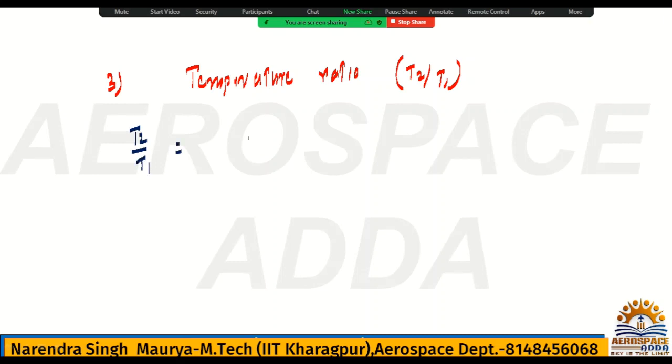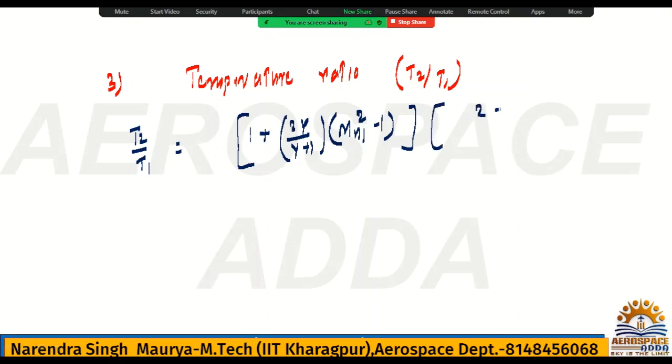T2 by T1 is equal to 1 plus, here instead of M1 you have to write Mn1 square minus 1, and in the bracket 2 plus gamma minus 1.